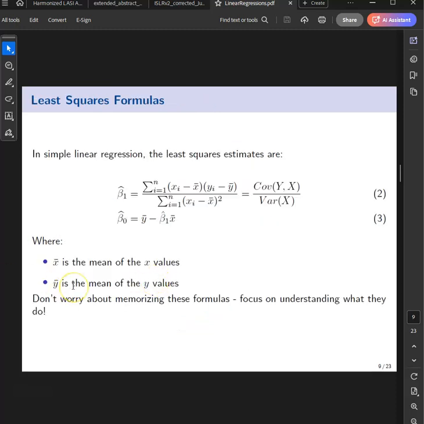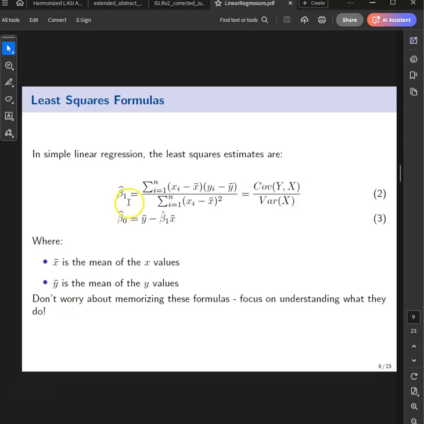So now let's look at how we actually calculate the parameters for our best fitting line. The formula kind of looks intimidating at first, but the ideas behind it are quite intuitive. For a simple linear regression, the formula for our slope, beta 1, shows that it is essentially the covariance between x and y divided by the variance of x. What does this mean?